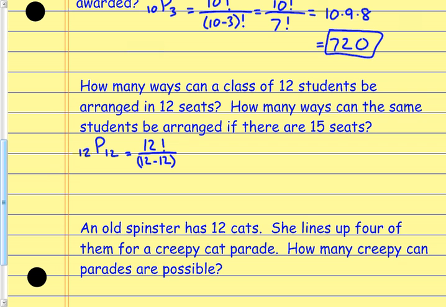It would seem for a moment that this isn't working out because 12 minus 12 is 0, so I have 0 factorial. But remember, 0 factorial is actually equal to 1. It's important to remember that. So really all I have here is 12 factorial over 1. I plug 12 times 11 times 10, all the way down to 1, into my calculator, and it gives me this.